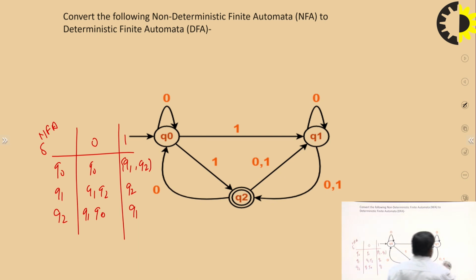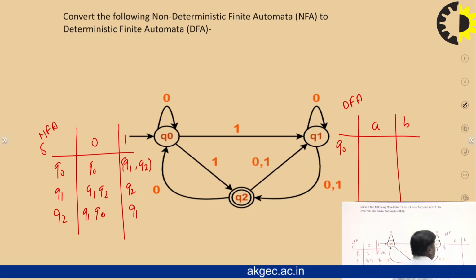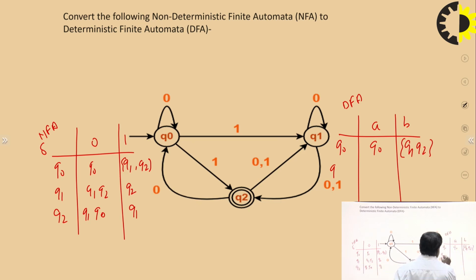Now the DFA transition table is very simple, with inputs a and b. Start from the initial state, and any new state generated is considered as the next state. Now here is {q0, q1, q2}. {q1, q2} is a new state, considered as the next state.